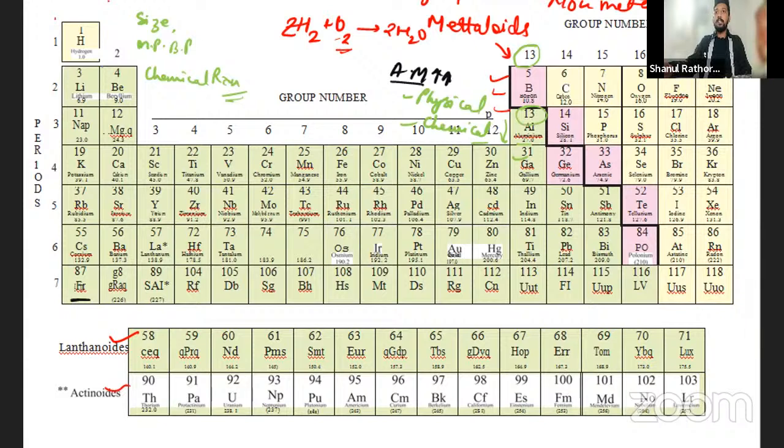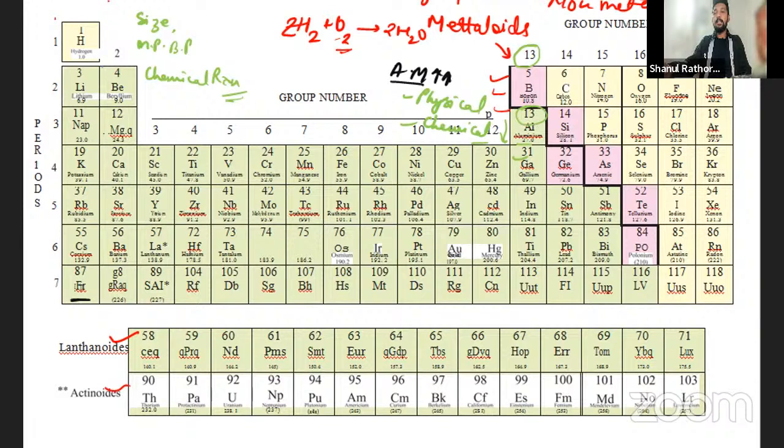It's a good conductor of electricity, and it is solid at room temperature with an extremely low melting point. So as we can see, aluminium has a low melting point and gallium also has a low melting point.